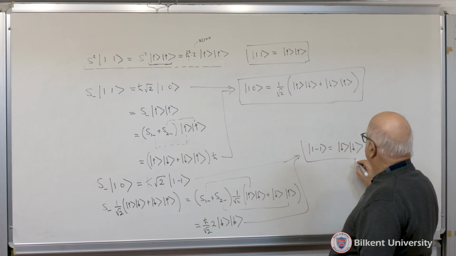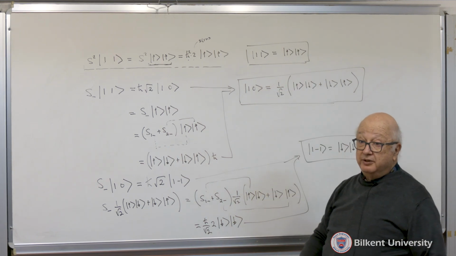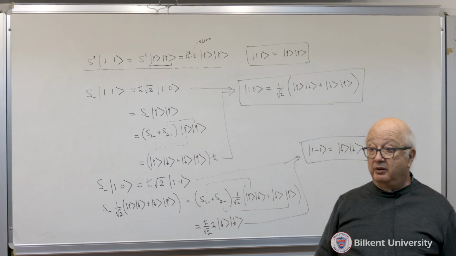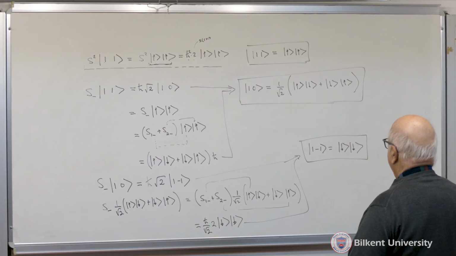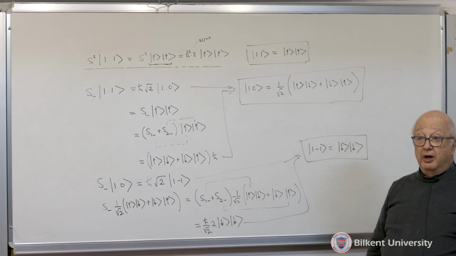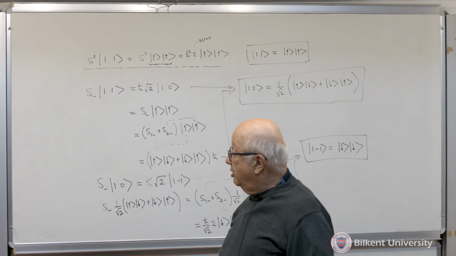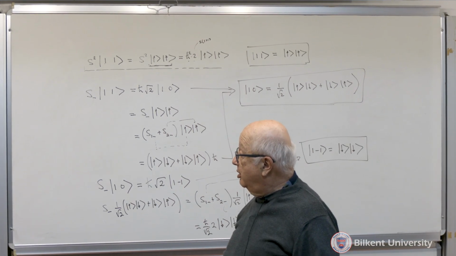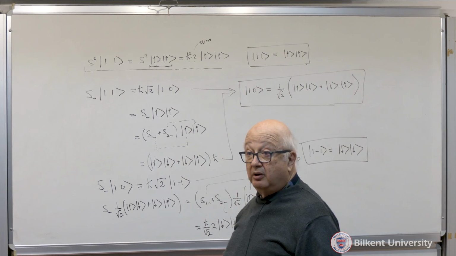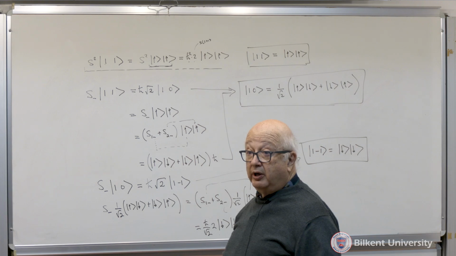If the 1, 1 state is up, up like this, then the 1, minus 1 state is going to be down, down. In the above case, we had a 4-dimensional space, right? But in 1, 1, it is 2-dimensional. In 1, it's 3-dimensional.